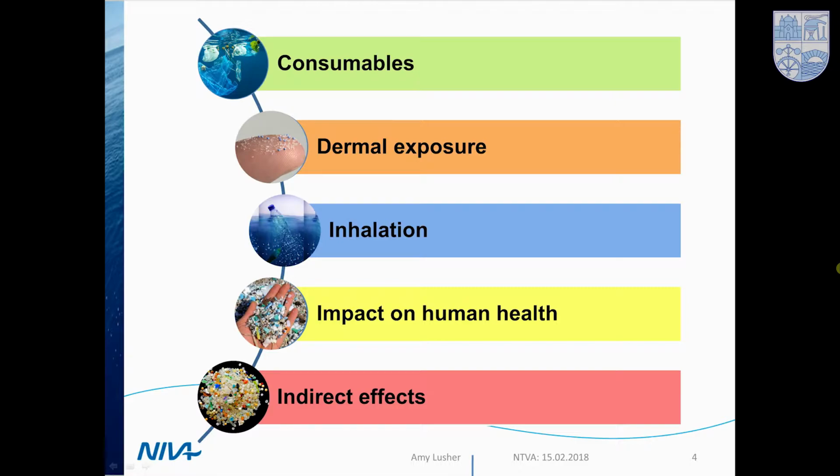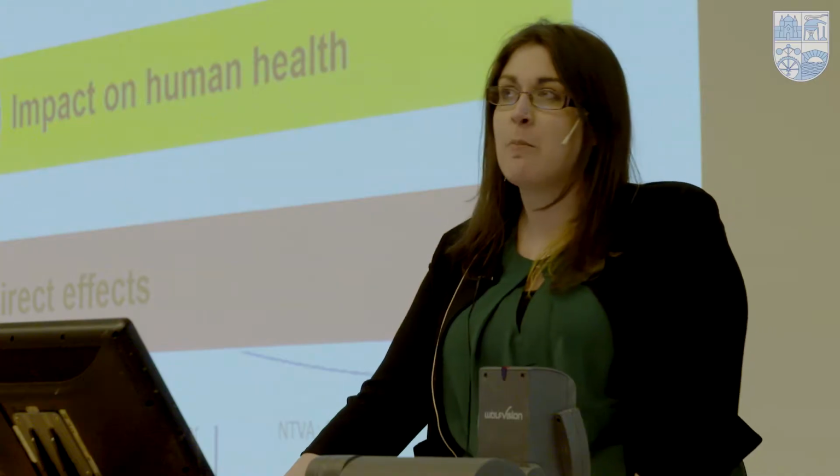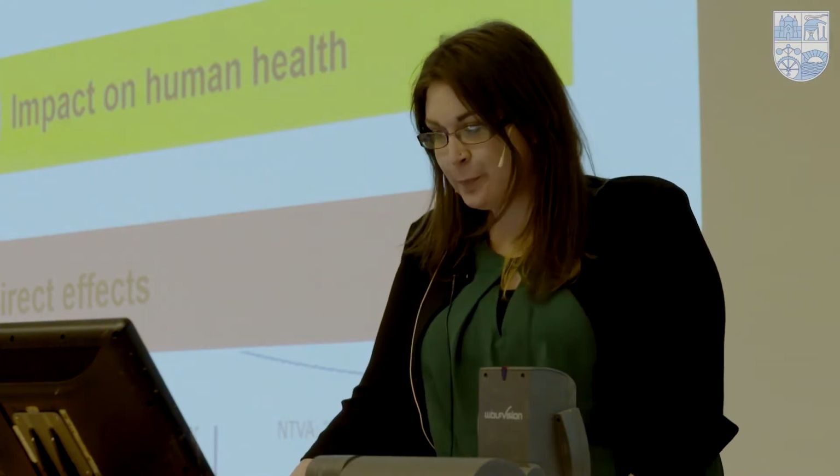To discuss these three areas, we're going to go through firstly consumables, dermal exposure, inhalation of plastics, and then what this means for human health and the potential indirect effects that could come from plastic exposure.